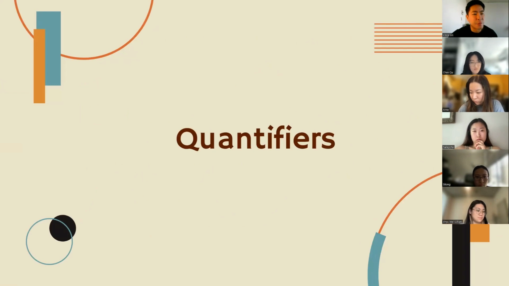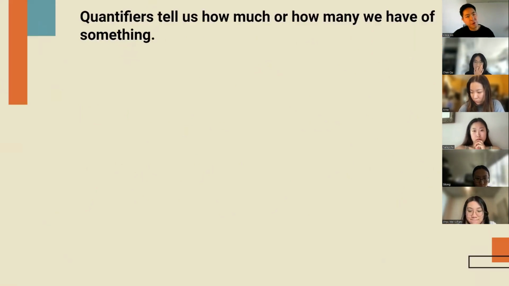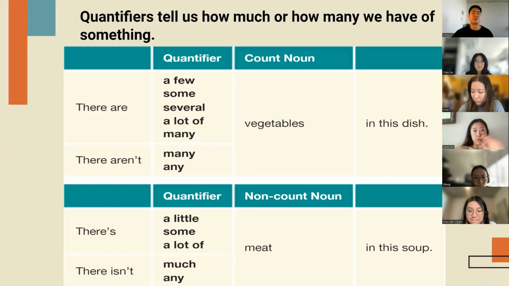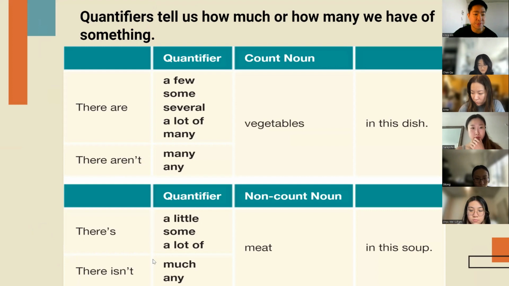So what are some quantifiers that we know? First of all, let's discuss what quantifiers are. Quantifiers tell us how much or how many we have of something, right? Like we just saw a little, a few, or many. Those are all quantifiers, okay?